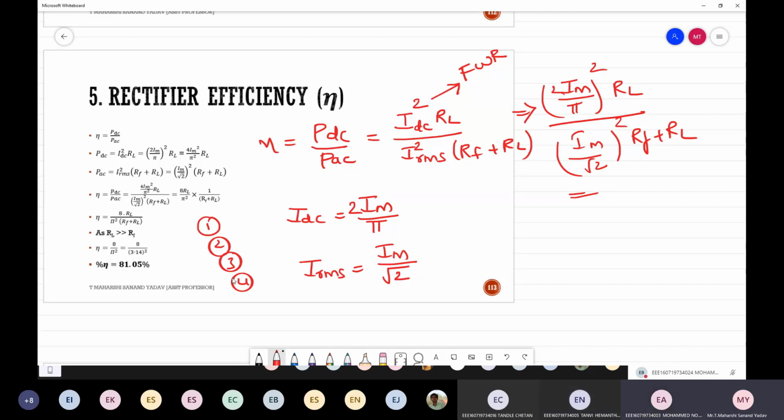How much did you get? 8 by pi square. You try to solve, pi is 3.14 whole square.